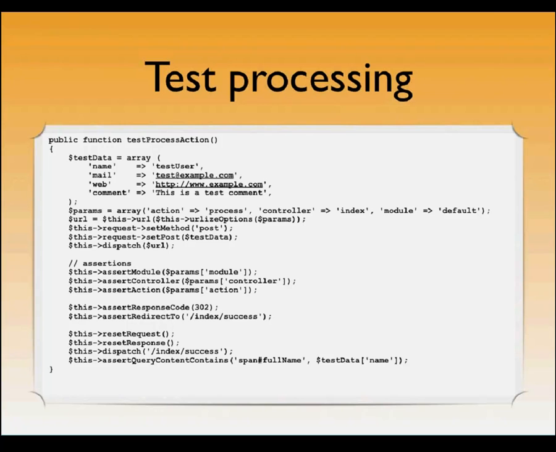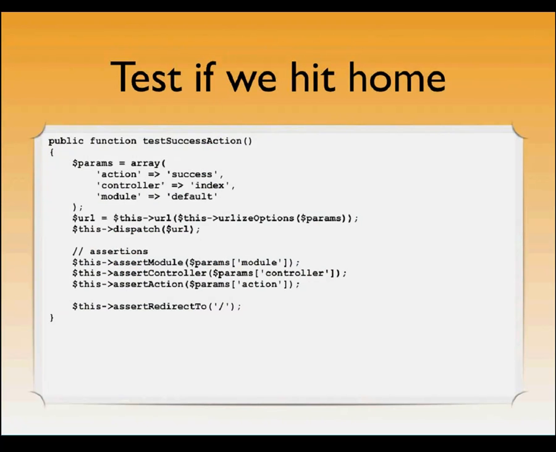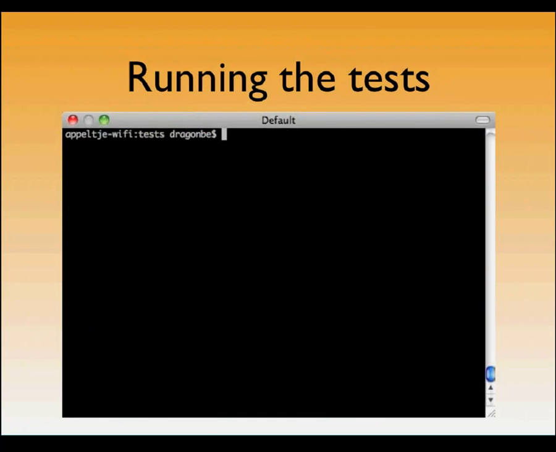That's more practical to use. You can use data providers again to test valid and invalid input, but we already know that's taken care of in our model. So leave the checking of the controllers for error messages in the form, or to see that we are redirected back to the home page.